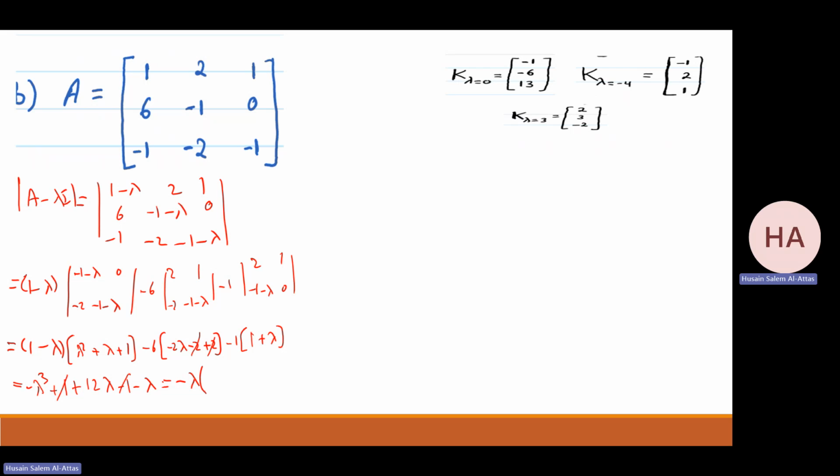Okay. So I have 1 minus lambda times what? Lambda times lambda square, lambda plus lambda. No, this is plus 2 lambda, sorry. Yeah. Then I have plus 1. Yeah, this is plus 2.